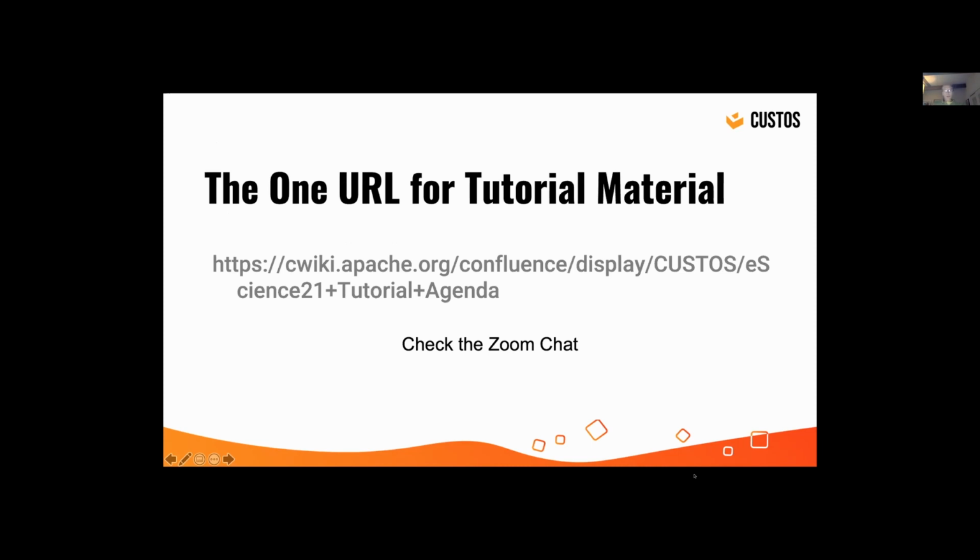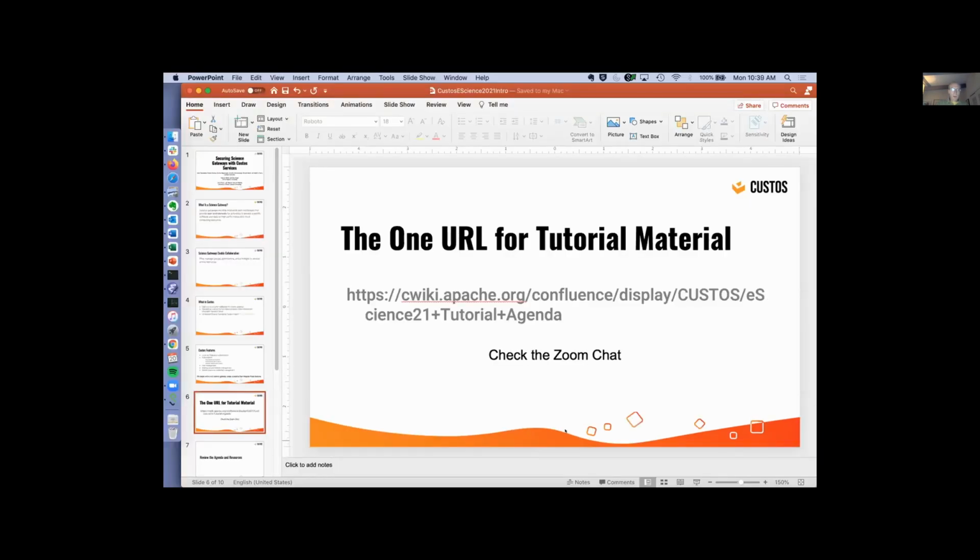So the one URL for the tutorial material is this, and I will put this into the Zoom chat if I can get there. Okay, so everything that we'll go through today can be accessed.